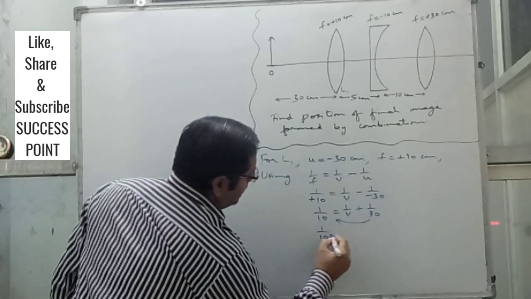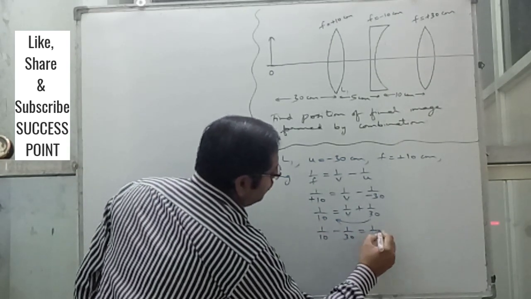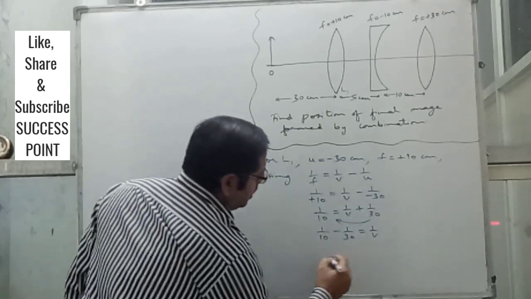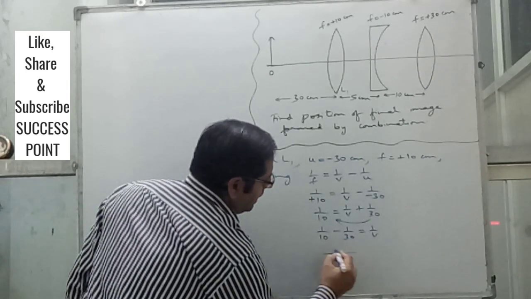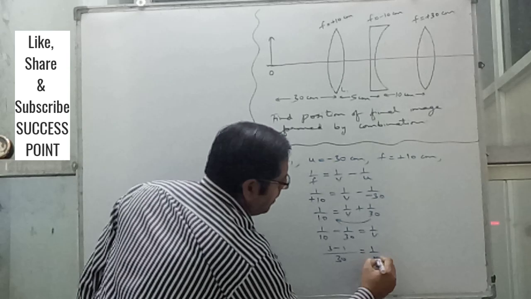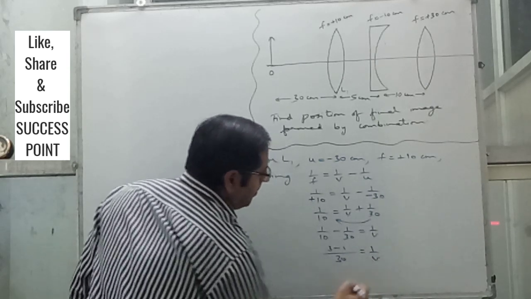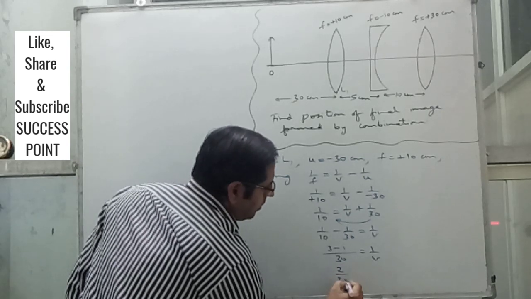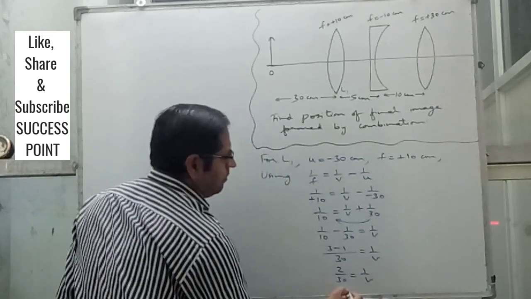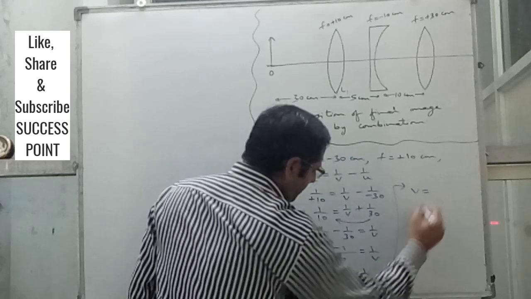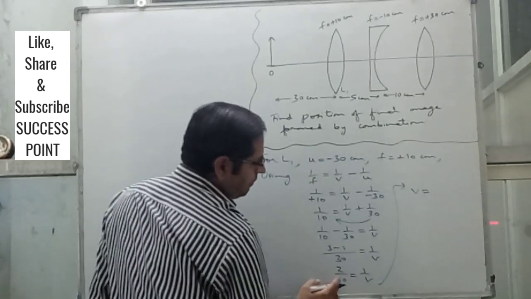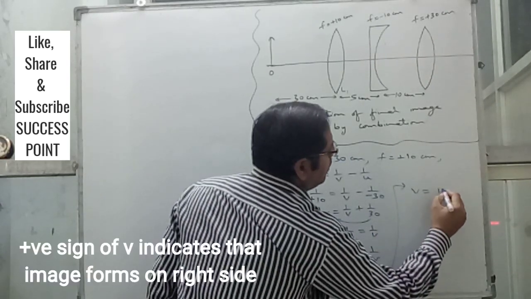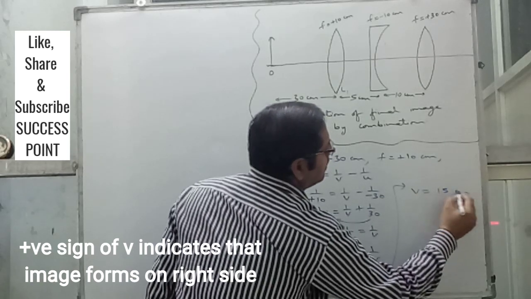So you will get 1 by 10 minus 1 by 30 equals 1 by v. After taking LCM, you will get 3 minus 1, and this will give you 2 upon 30 is equal to 1 by v. 2 upon 30 is 1 by 15, take its reciprocal, v is 15 centimeters.